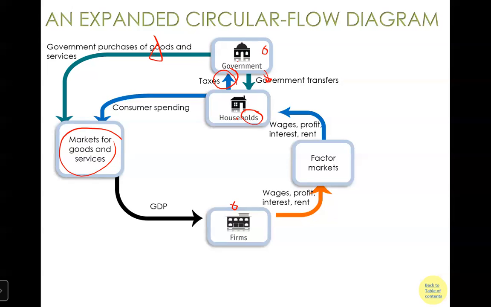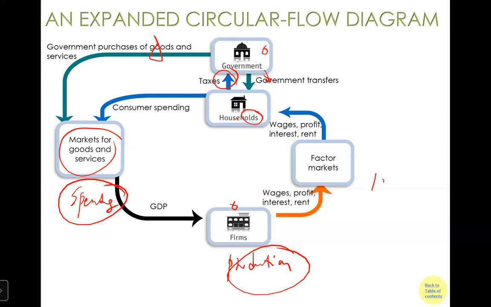So now let's see how the introduction of government changes the calculation. Remember, we talked about three approaches, right? Approach number one, we look at production. Number two, we look at spending. Number three, we look at income. Let's start with the simplest one, production.